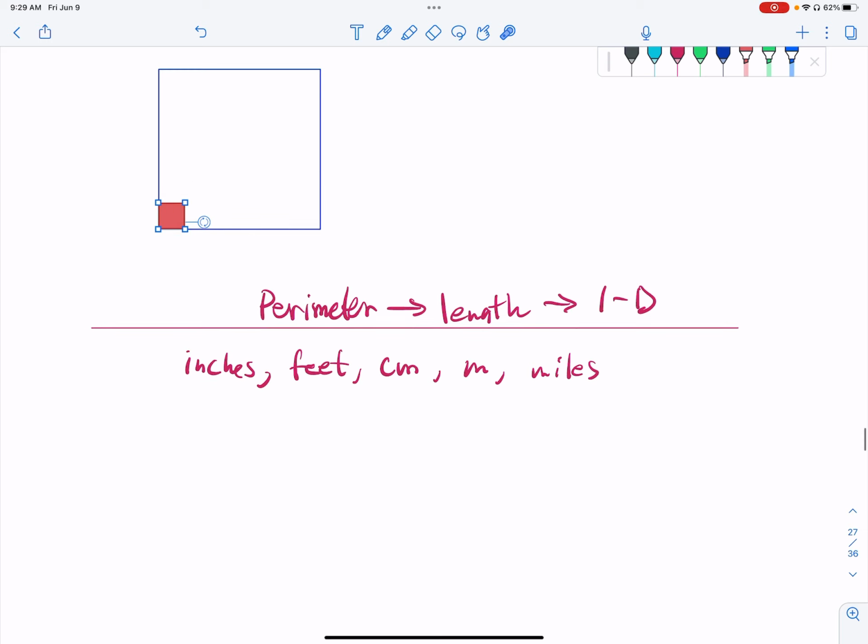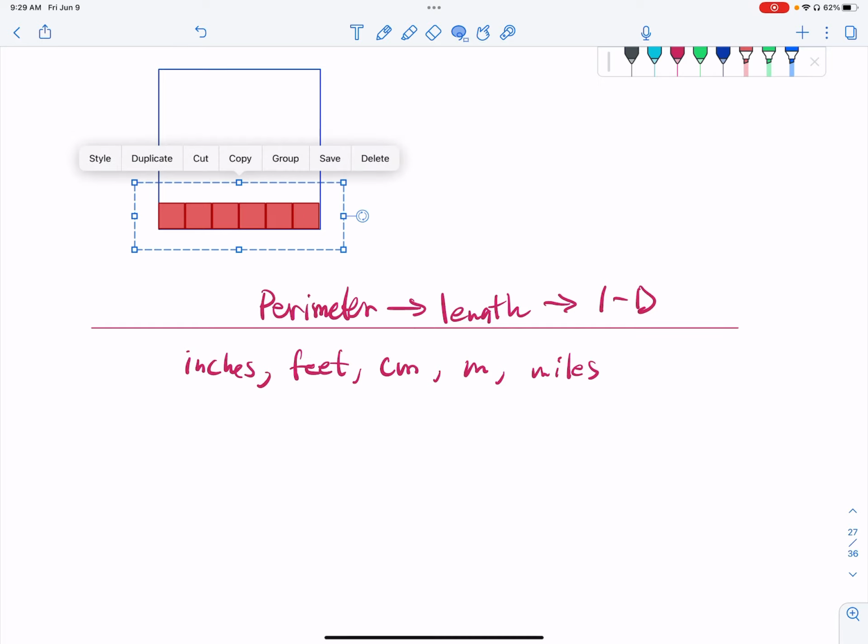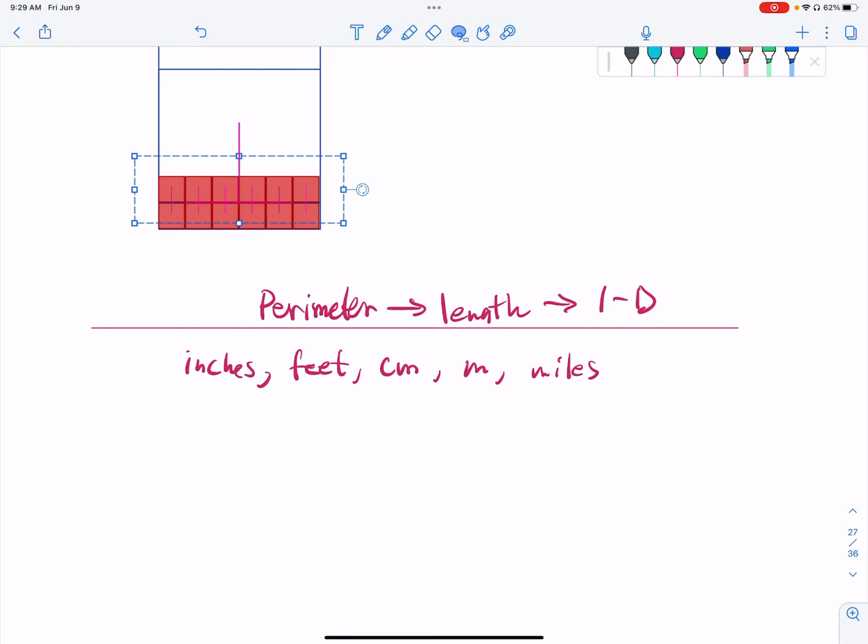If it would cooperate. Oh, that's because I'm on the wrong thing. Duplicate. This is riveting, right? Okay, so you have one row here, and there's 1, 2, 3, 4, 5, 6 of them on here. And then to speed this up a little bit, maybe what I do is I duplicate that whole entire row, delete that out.